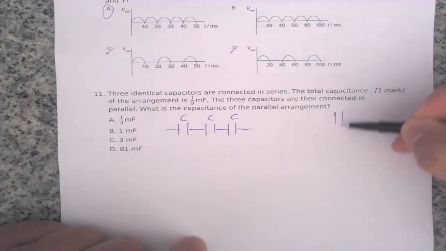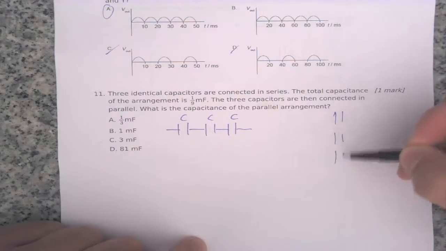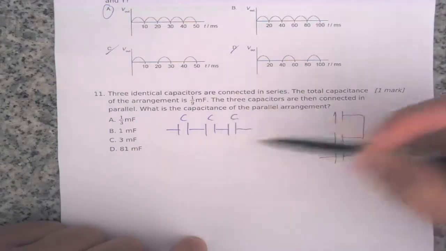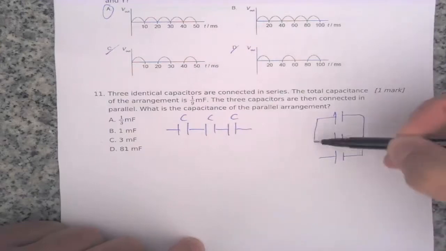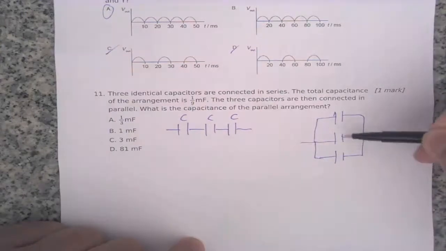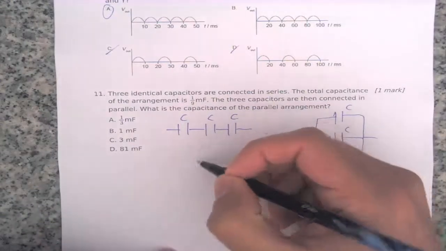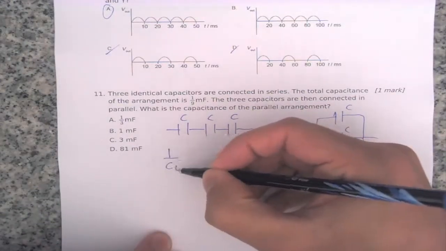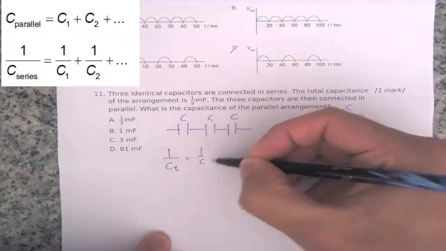So first, we need to figure out the individual capacitors in the series arrangement. And then we're going to see what we have in the parallel arrangement. So here, if they are in series, that means that the combined capacitance is given by this formula.